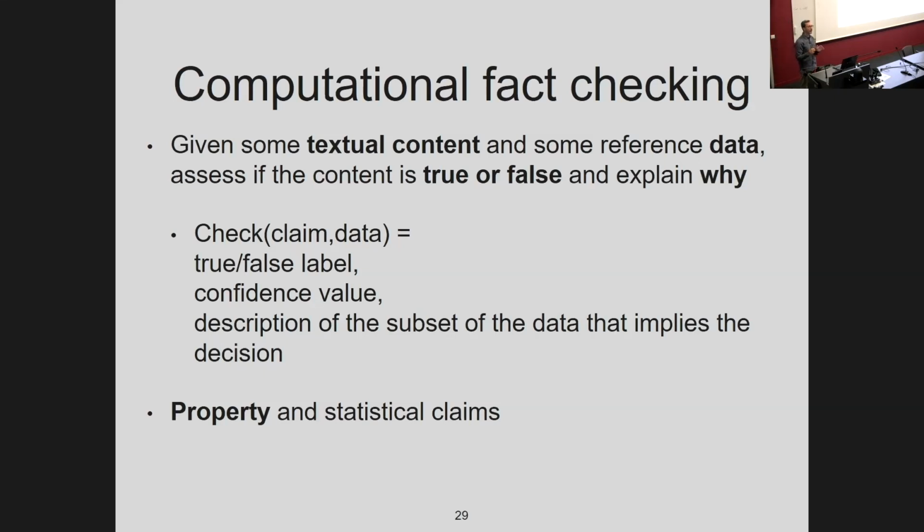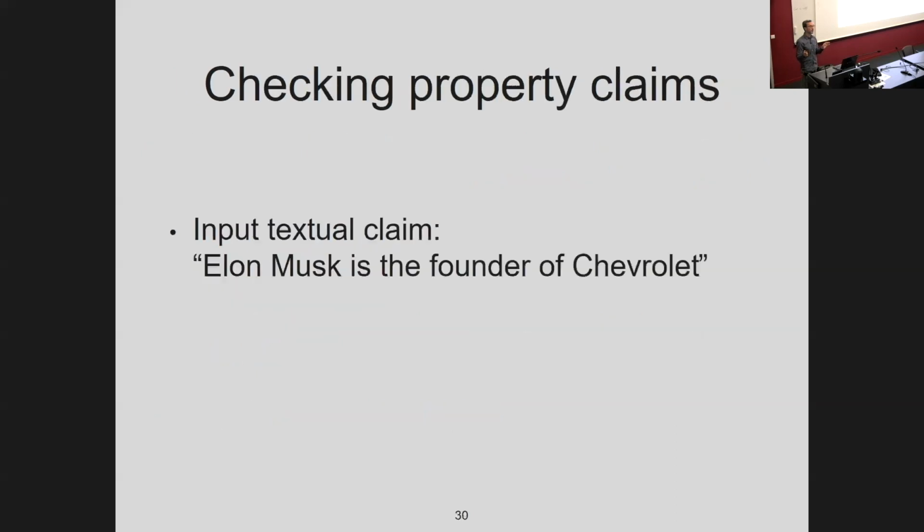Okay, so today I'm gonna cover two kinds of claims, and you will see what the difference is in a moment. I'm gonna start with the property claims. Okay, so those are the simplest claims ever, and they look like this. Imagine that you have an input textual claim saying that Elon Musk is the founder of Chevrolet. Okay, so any black box method, like the ones that I mentioned earlier, I haven't tried, but I'm pretty sure that they will tell you it is false, right?